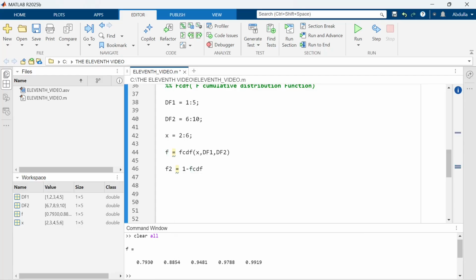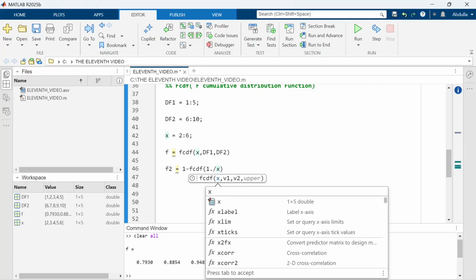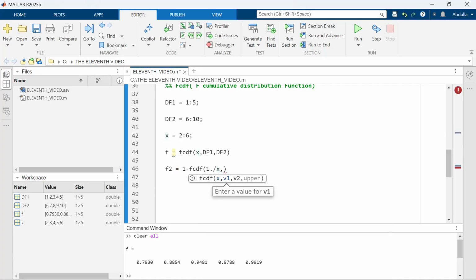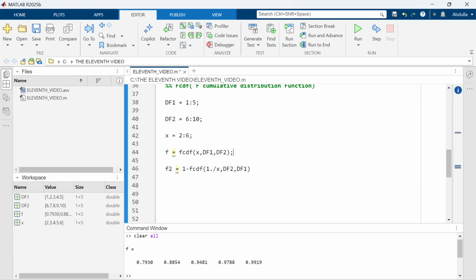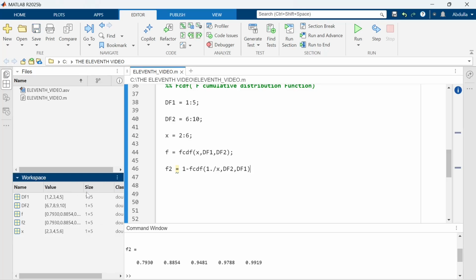I did 1 minus fcdf, which is completely the opposite way, then 1 divided by x, and then instead of df1, df2 it's gonna be df2 first and then df1. So it's completely the reverse. Let's suppress this and look at f2. This is the values of the first f. Right now f2 has the same numbers, same everything.